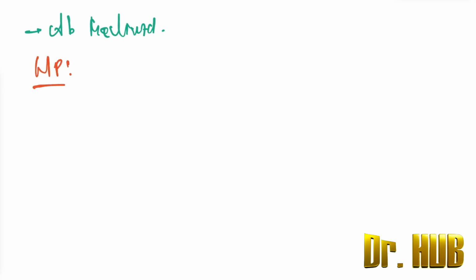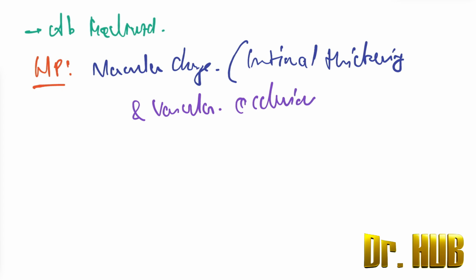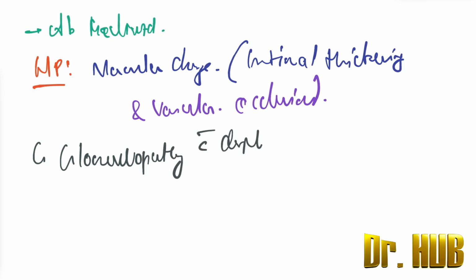Under histopath, there are predominantly vascular changes, and that includes intimal thickening and vascular occlusions. Next, there is also glomerulopathy, and this is with the duplication of the basement membrane.